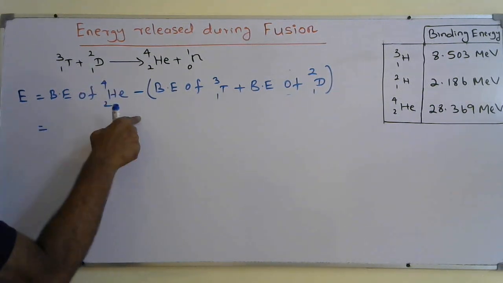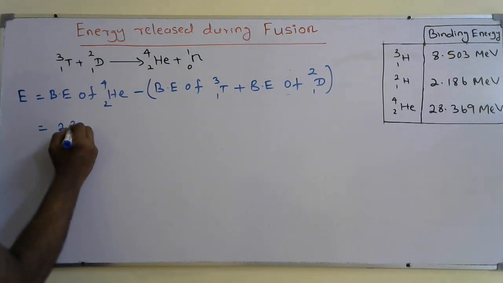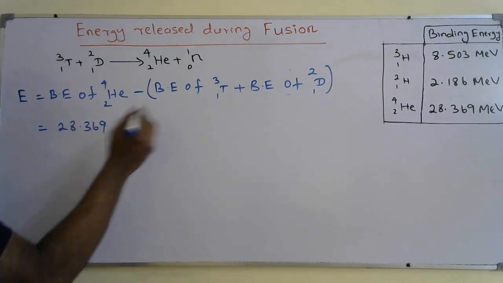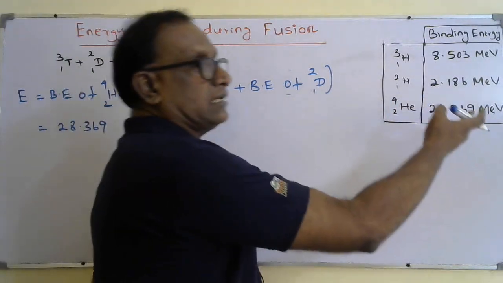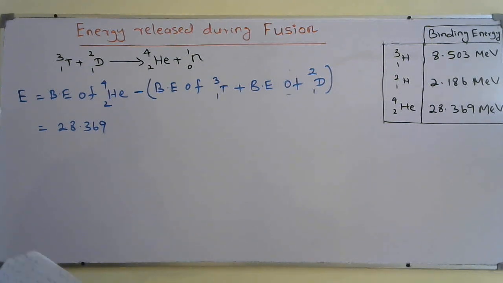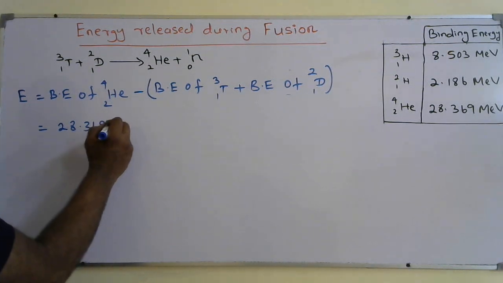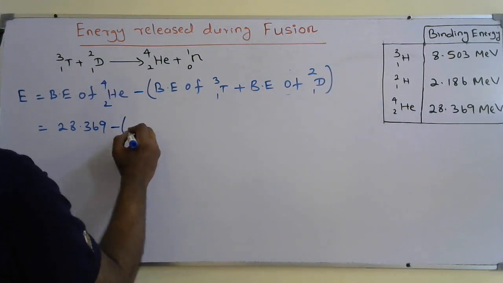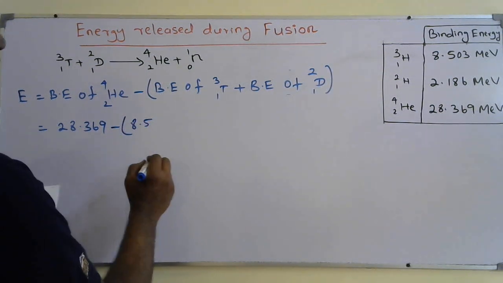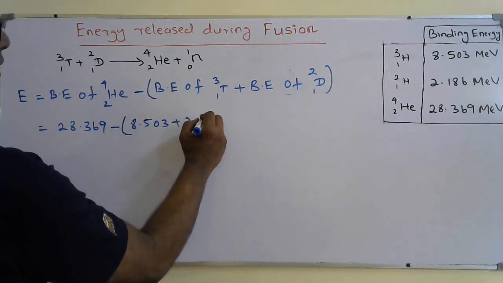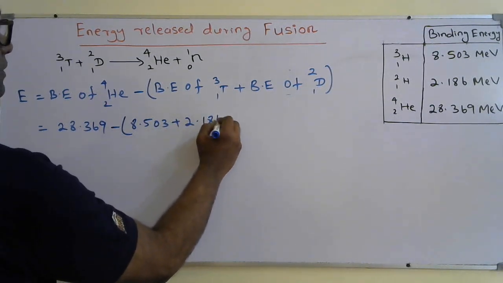The binding energy of helium is 28.369. Or you can calculate it, if you know the mass, as I explained in my first lesson. Minus binding energy of tritium, which is 8.503, plus 2.186.